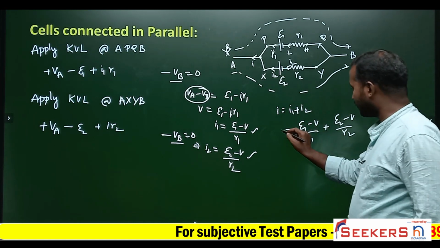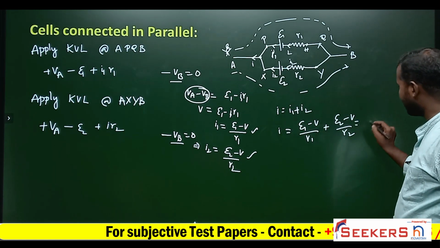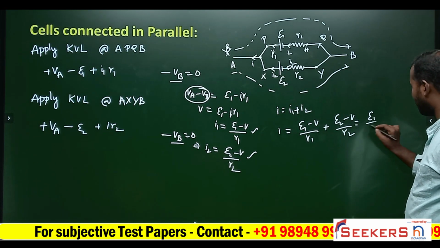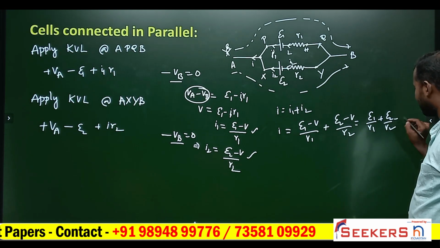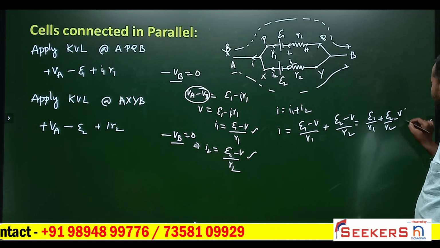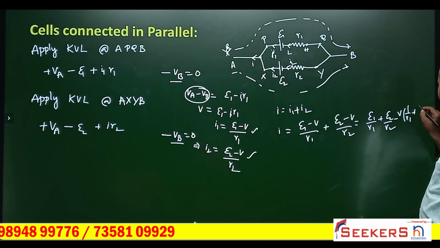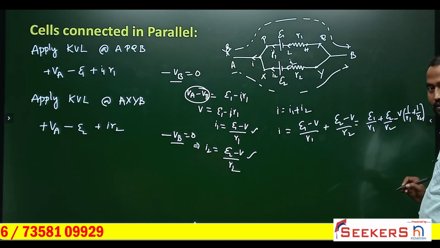So if I rewrite this, I can get this as E1 by R1 plus E2 by R2 minus, if I take V common, (1 by R1 plus 1 by R2). Right.